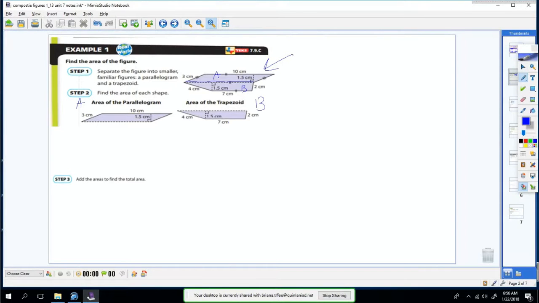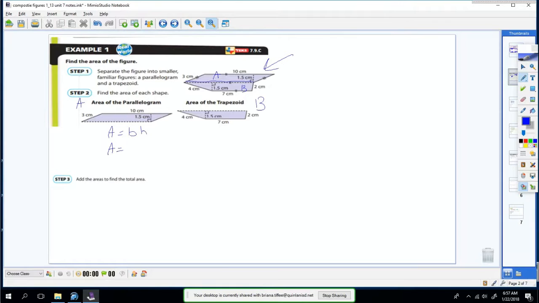And so then after you figure out what the shapes are, you got to figure out the area formula for them. So this is an area of a parallelogram. Area of a parallelogram is A is equal to base times height. Okay, you always write down the formula, then you plug it in.